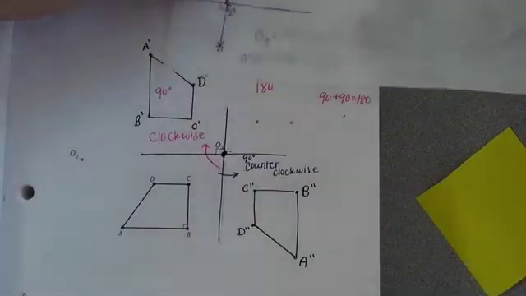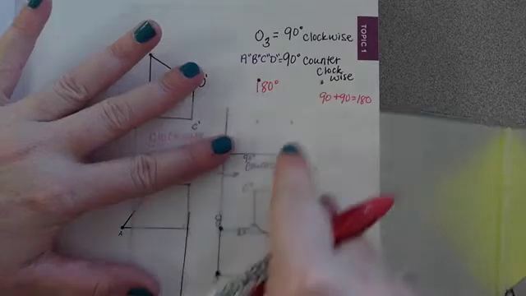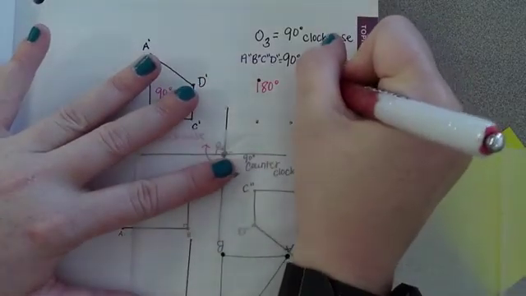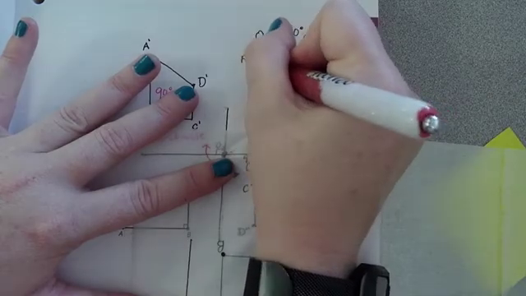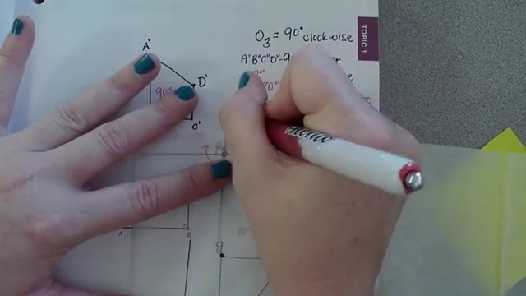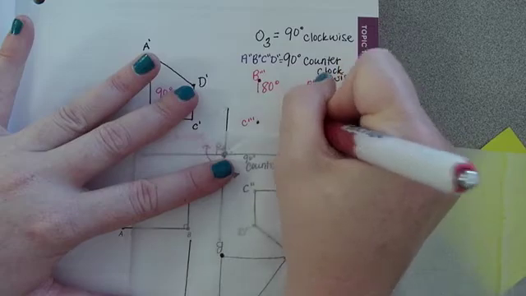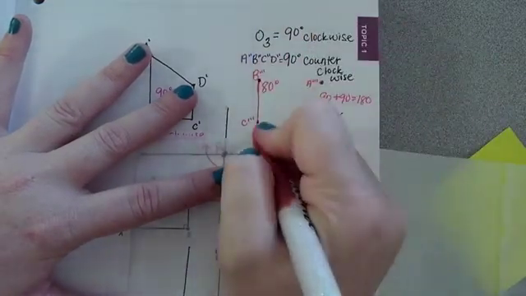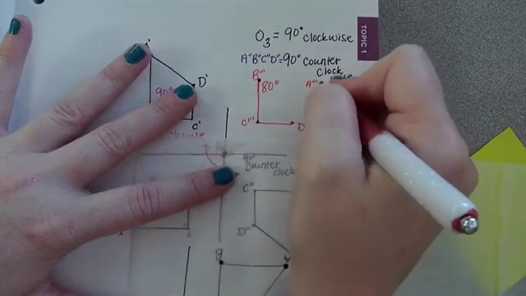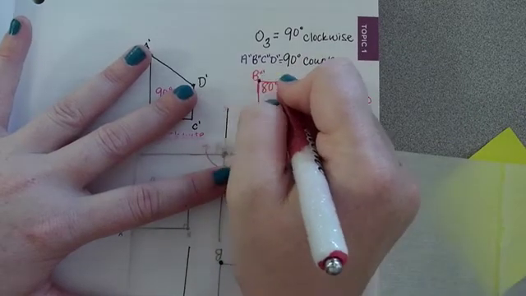And I'm going to, let's transfer these points. So A is this point over here. So that's A triple prime. B is this one. C is this one, and D is this one. So there's our trapezoid.